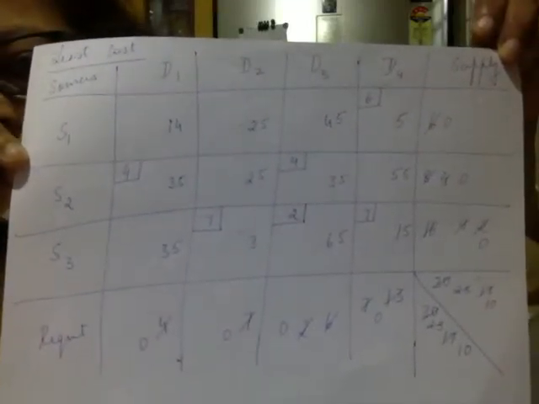So S3 to D3 we give 2 units. Alright, do the grand total yourselves. I haven't done it. It may be a mistake also what I've done, so just be careful and do it. And as per the allotments, also do the transportation cost.